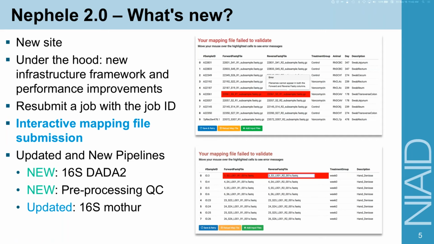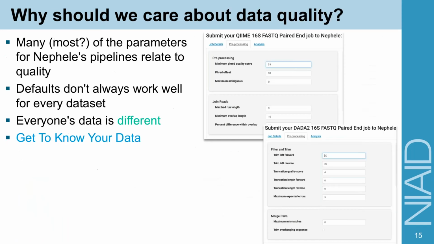The other question was from Sarah. Where do you set the sampling depth? I don't know if I have a slide, but let me see. Right now, the sampling depth is set as a parameter for the analysis of the pipelines, though as I said, we're going to change that in an upcoming pipeline. I think here we go.